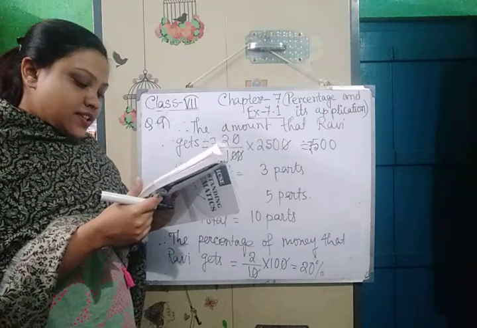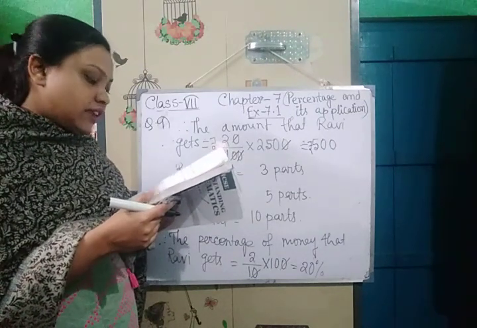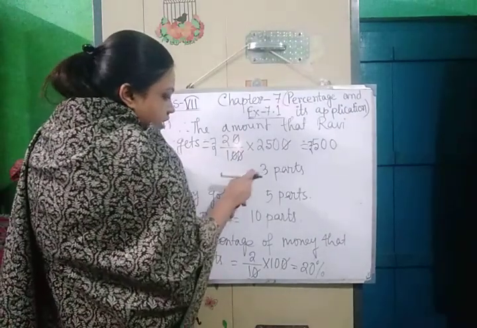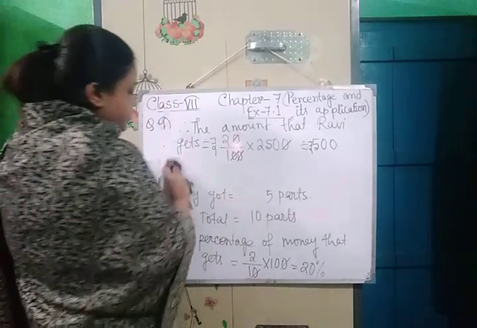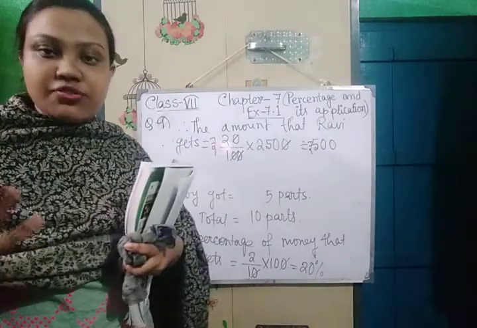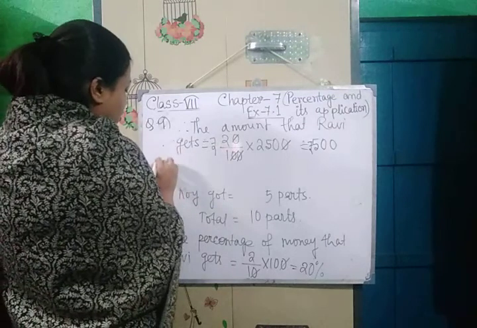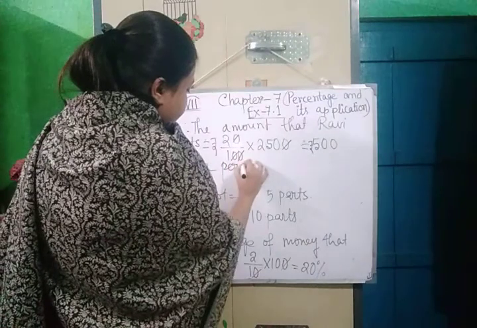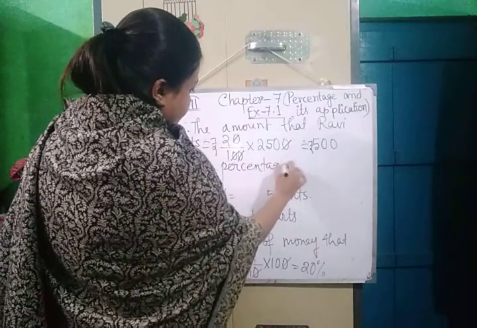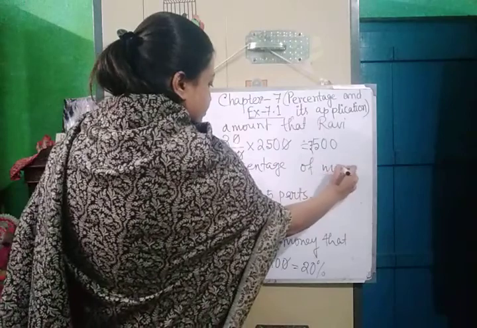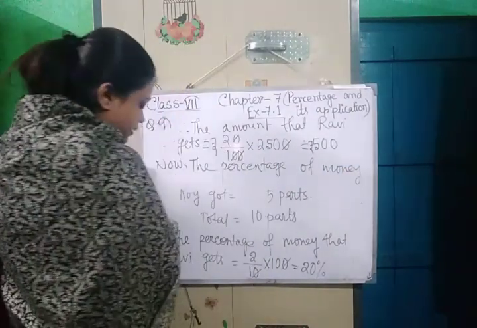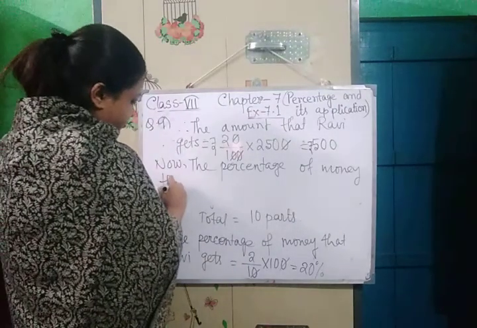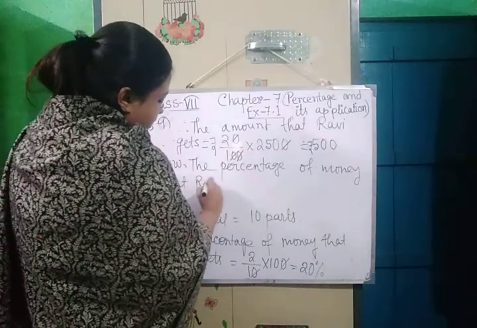Now next is what amount Raju gets. He got 3 parts. So we will first find out the percentage of Raju. The percentage of money that Raju gets.